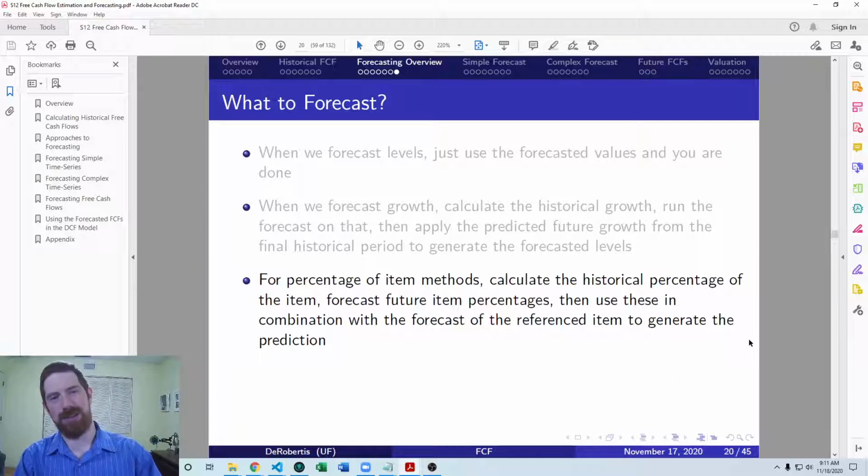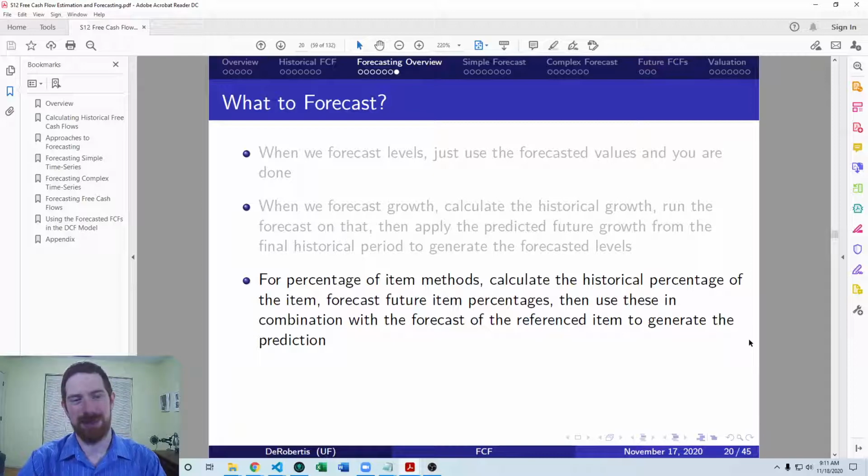And so the cost of goods scales with these sales. And so it makes the most sense to just tie these two things together. And then you really just focus on getting the sales forecast correct. And then cost of goods sold just becomes a percentage of that. But you do still have to forecast the percentages themselves.